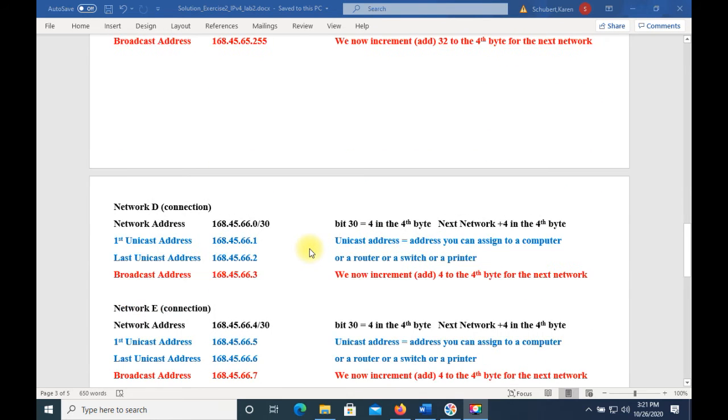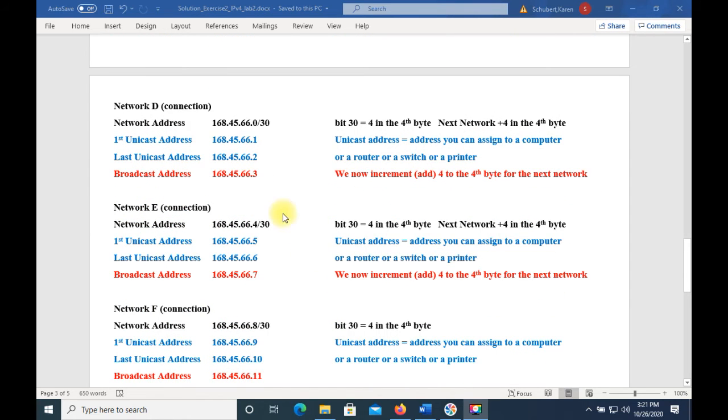Then the connection networks, we only have two hosts or two unicast addresses each, 168.45.66.1 and 168.45.66.2, and we only increment the fourth octet here, because remember the last bit we used was bit 30, which is worth 4 in the fourth byte.